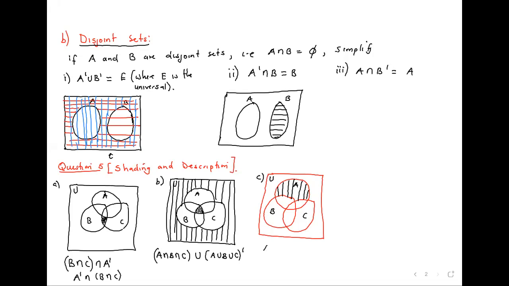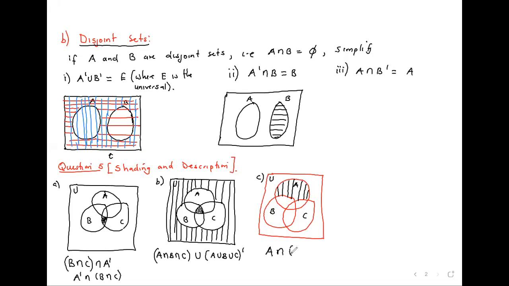So you start with the same A. So you say A, since it's A and some part of A haven't been shaded, so it will be A intersection.